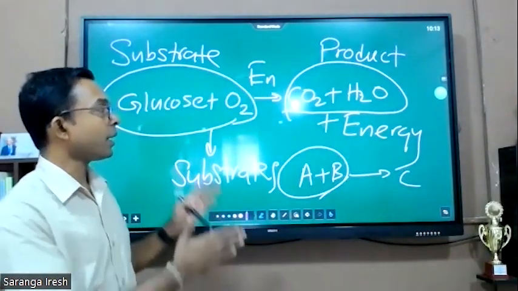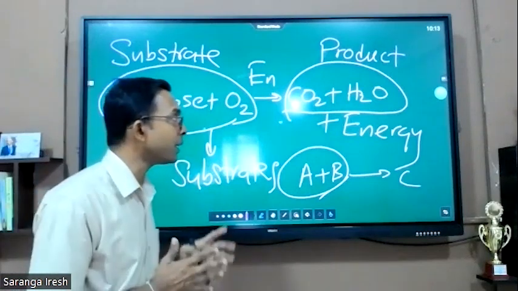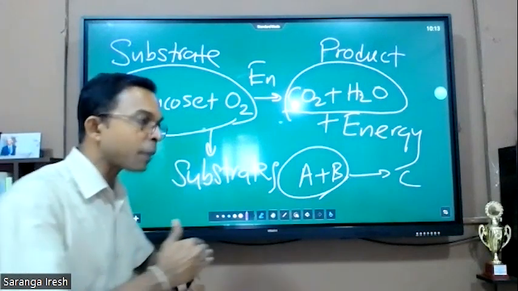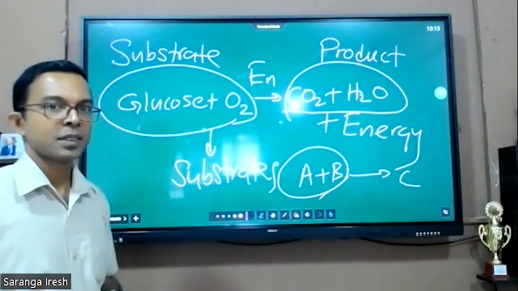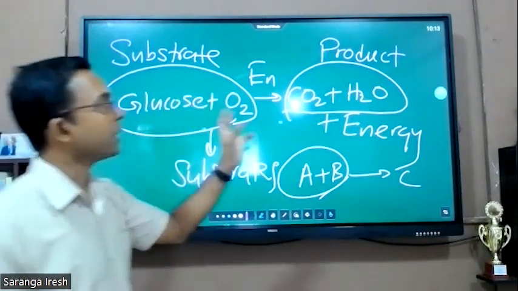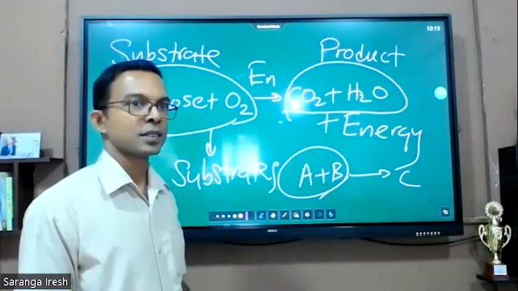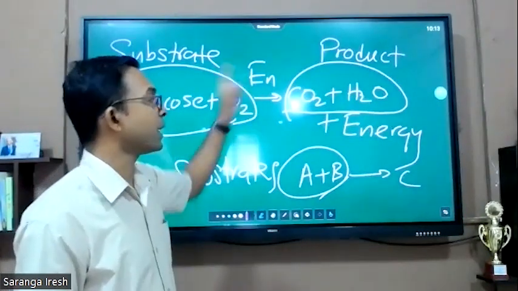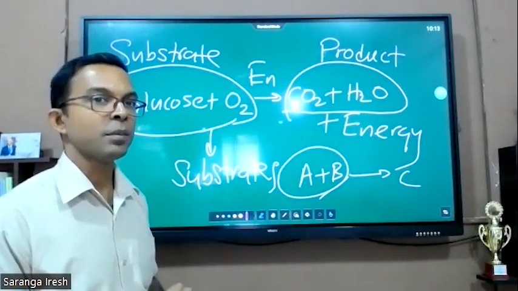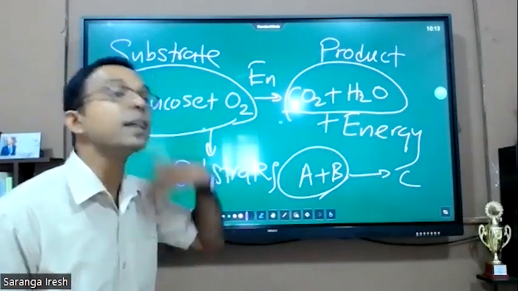How are enzymes involved here? By reducing the activation energy and speeding up the reaction rate, and finally making the product. But nothing changed in the enzyme. Then that enzyme can be involved in another reaction also.